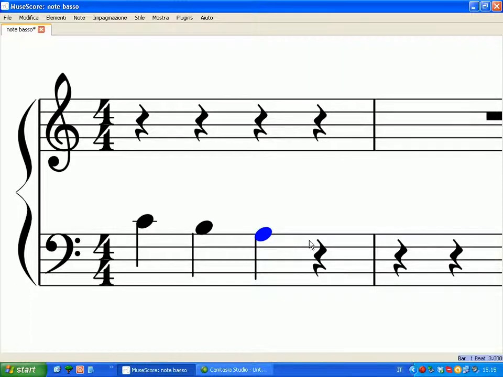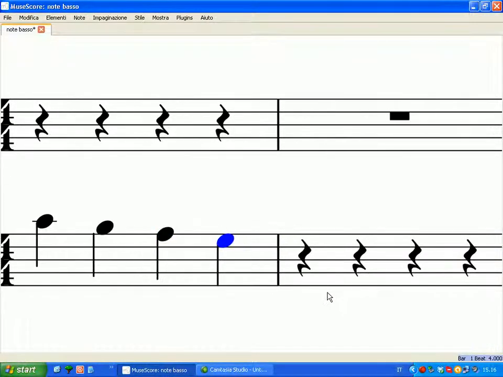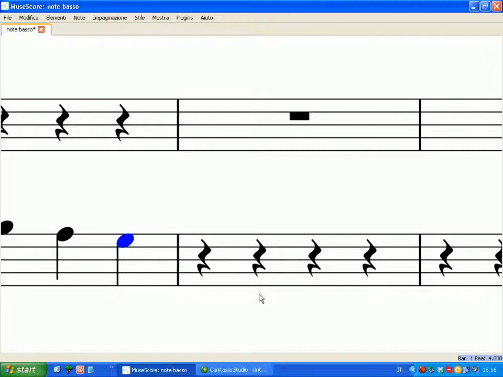So we are going to write it in the space below the fifth line, in the fourth space, while we have 1, 2, 3, and 4. So this is the fourth space, and here we have the G note. Then if we go down again, we go to the F note, so we have of course to write it on the fourth line this way.